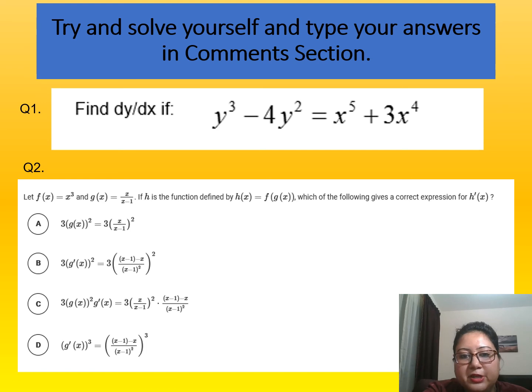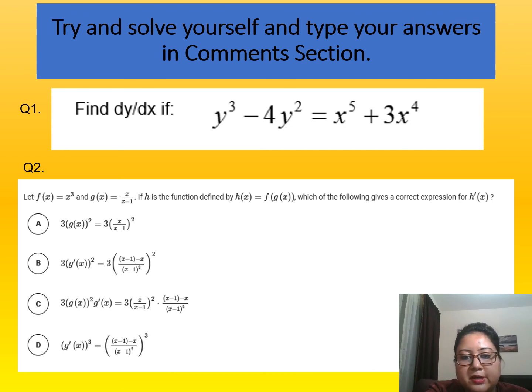Now it's time for me to check your understanding. I would want you to try and solve these 2 questions yourself and then type your answers in the comment section so that I can check your understanding. The first question is on implicit differentiation, so you will solve it using the 4 guidelines, the 4 steps I have explained, stepwise with all the working.